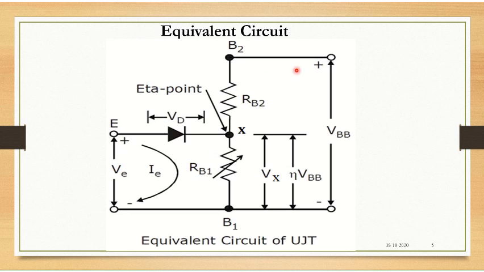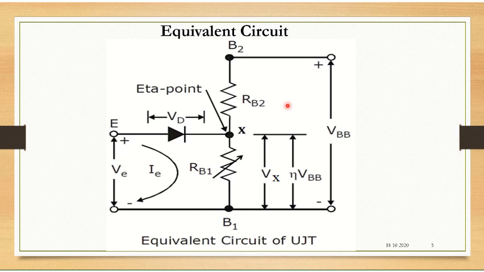Generally we connect a voltage across the base terminals, which we call VBB, and across the emitter terminal we apply the voltage VEE. The UJT is always used in this typical configuration, where B2 and the emitter terminals are positive with respect to B1.